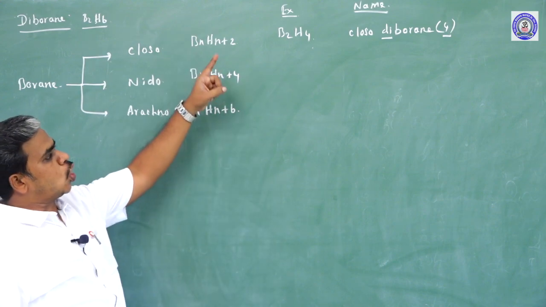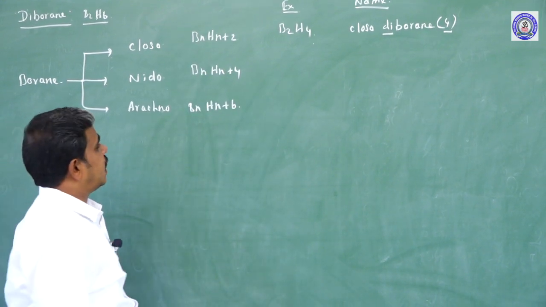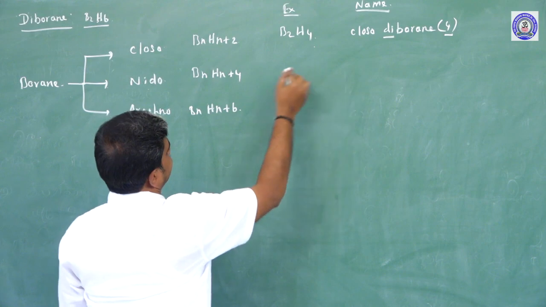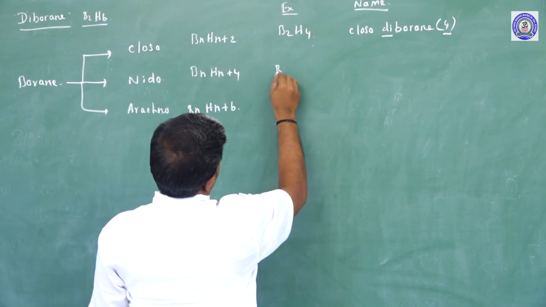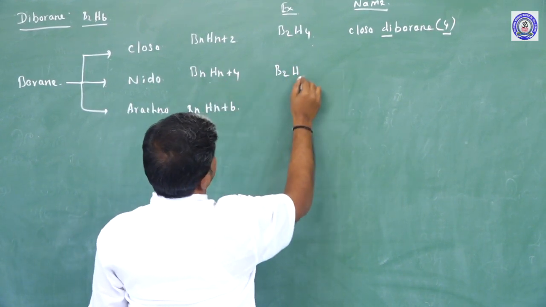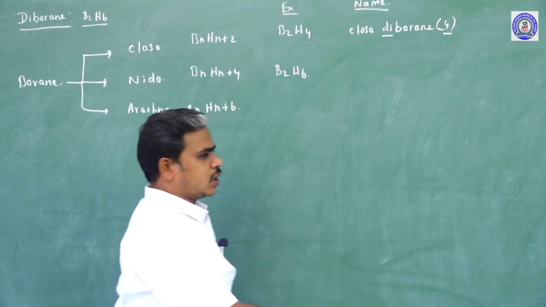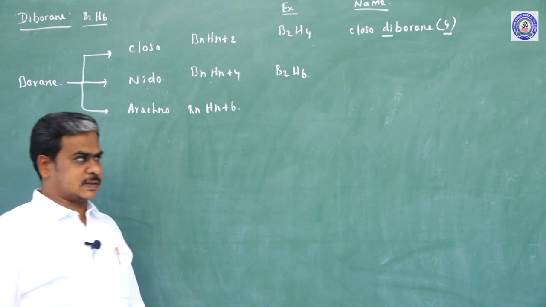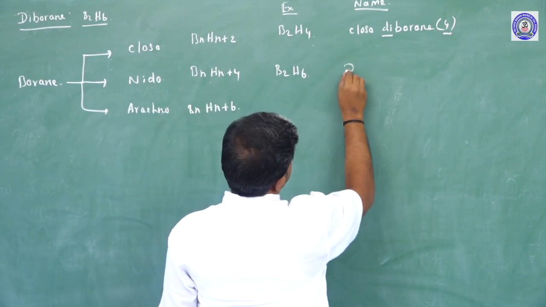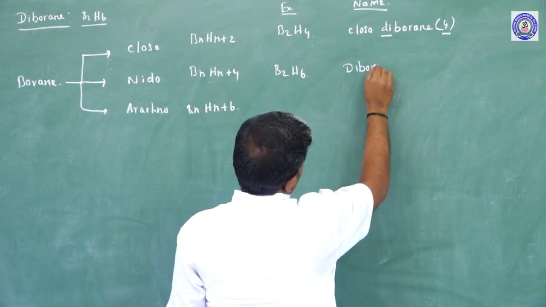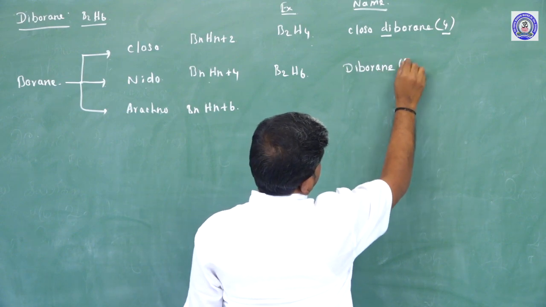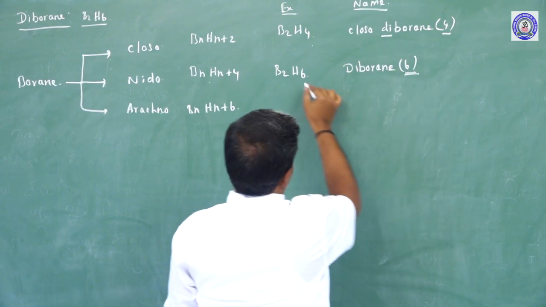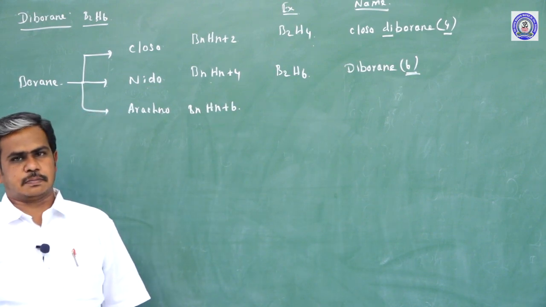Now, nidoborane. Example, B2H6, which is diborane(6), where 6 in the bracket represents the number of hydrogen atoms.